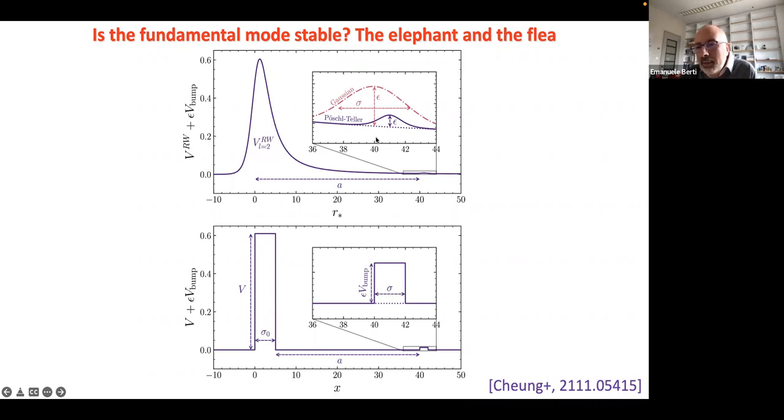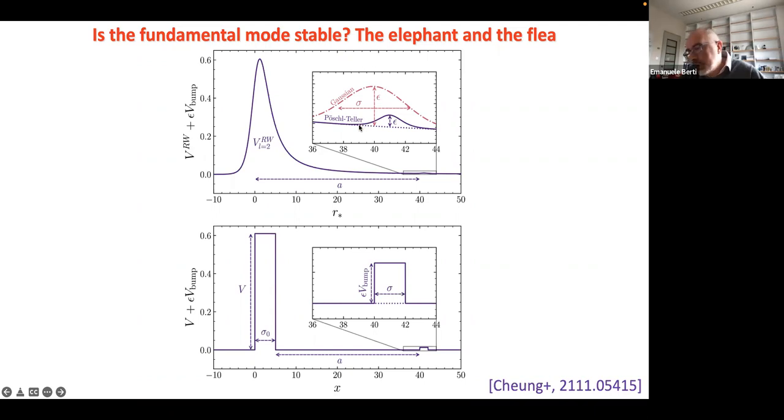Of course, you can play with modifying the potential in different ways and you will get slightly different results. What we wanted to do was introduce a minimal modification and understand the phase diagram that tells you when the fundamental mode gets destabilized. What we expect is what we found. It gets destabilized when epsilon is large enough at a fixed a, or when a becomes large.